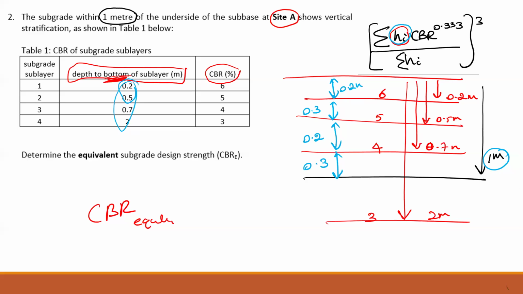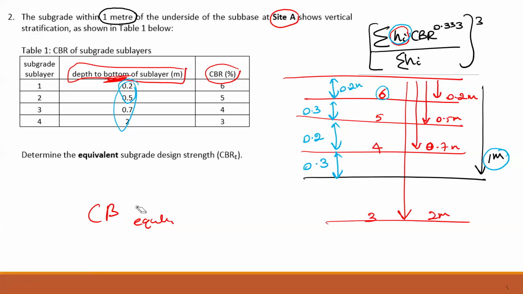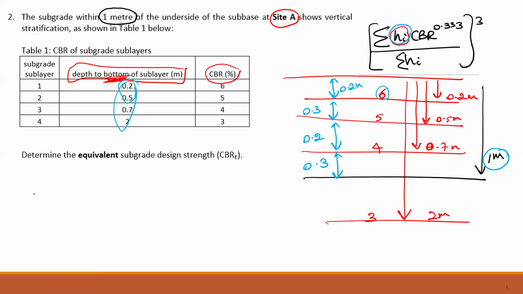So HI means these thicknesses, and CBR means these ones here. If you want to put the numbers in this equation, how can we do that? For the first layer, HI is 0.2 and the CBR is 6, so 0.2 times 6 to the power of 0.333.